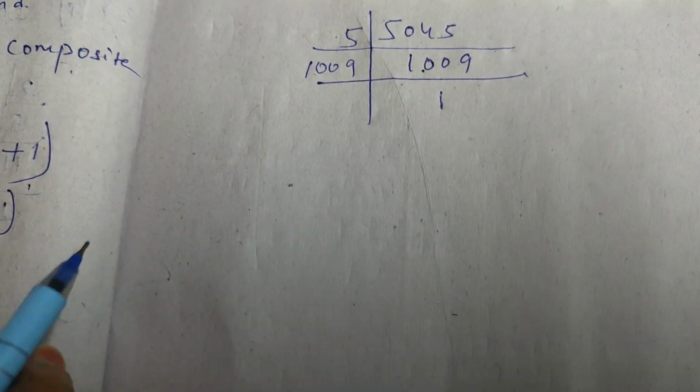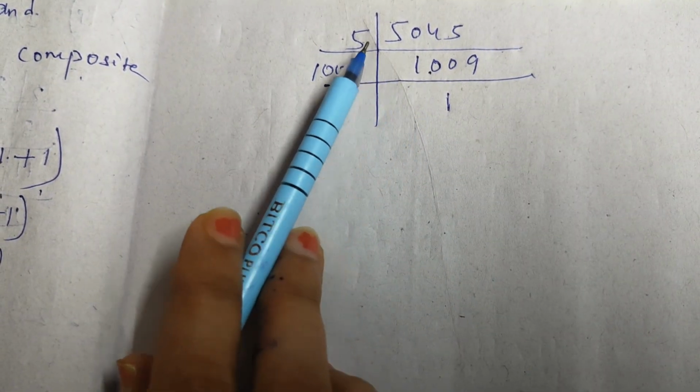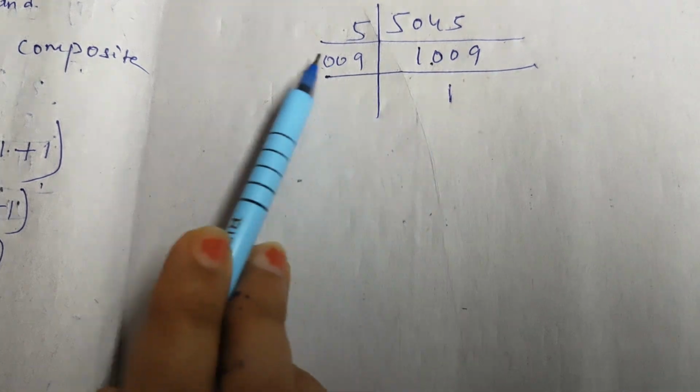Here also you can see we get more than 2 factors other than 1 and itself.